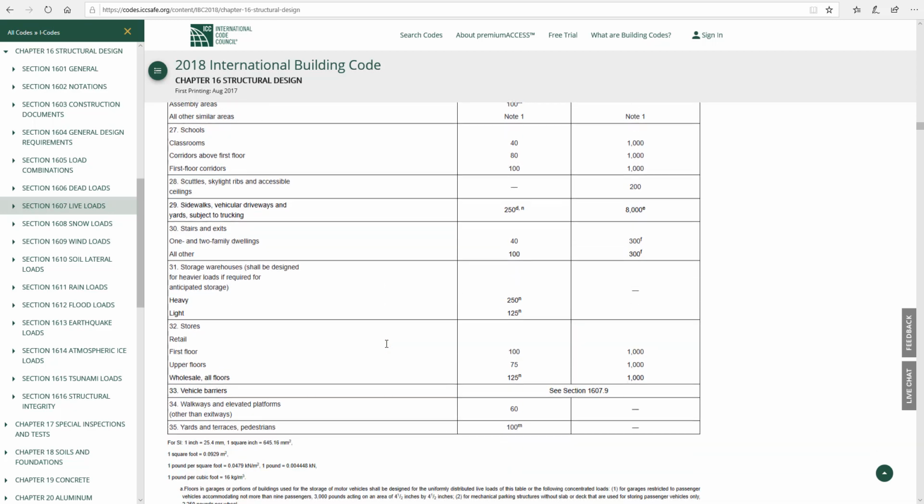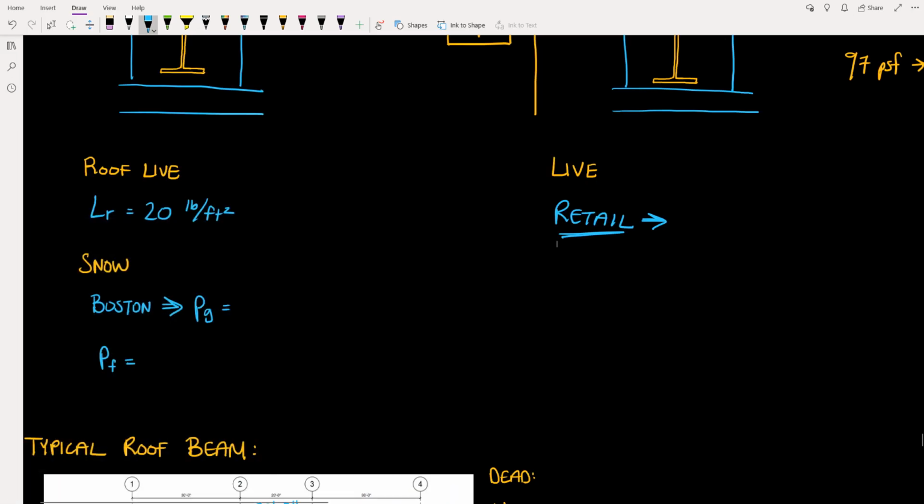So, if you have a live load that is over 100 pounds per square foot, that generally will mean that you are not allowed to use live load reduction. But if you are at 100 or below, you are permitted to use live load reduction. So in this case, since we are using 100 pounds per square foot, we will be able to use live load reduction.